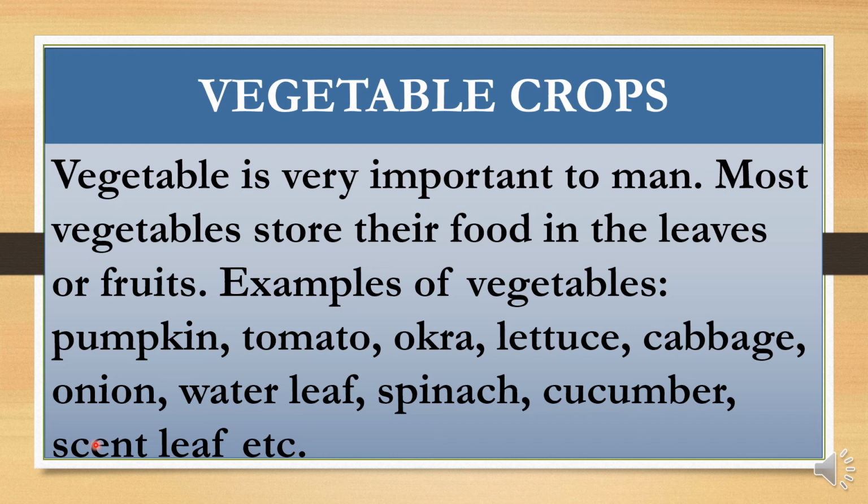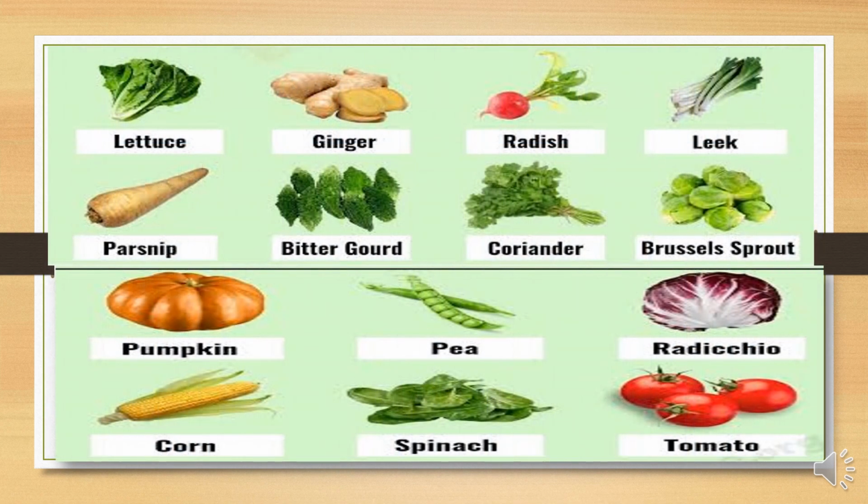Now, these are what? Vegetable crops. Their food is stored in their leaves or fruit. Okay. Now let's see a picture of some vegetables. Alright, like you can see the tomato here.